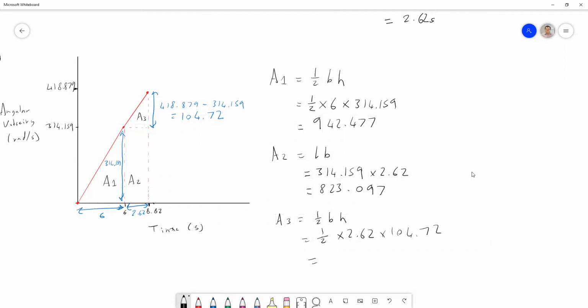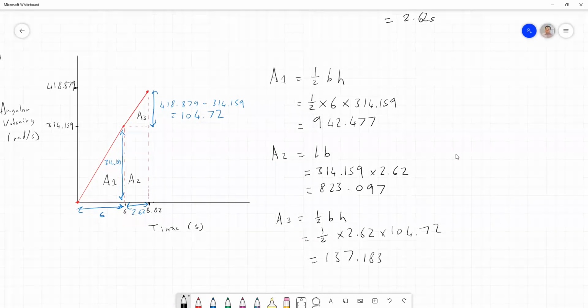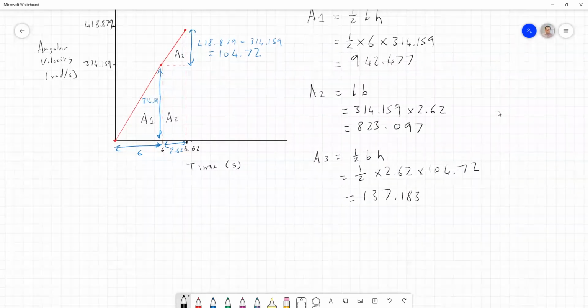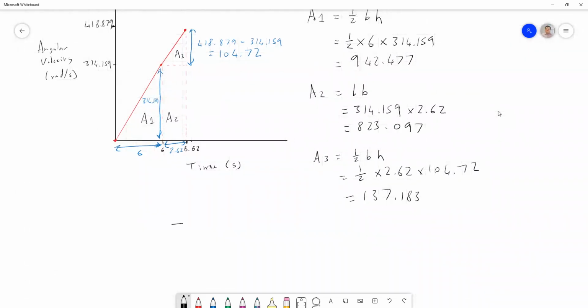So we need to work this out so it's final later. So 1/2 times 2.62 times 104.72. And it gives us an answer of 137.183. And each of these areas represents something in radians. Before we start to talk about that, let's get our total area first of all.